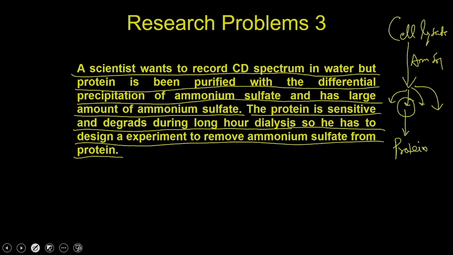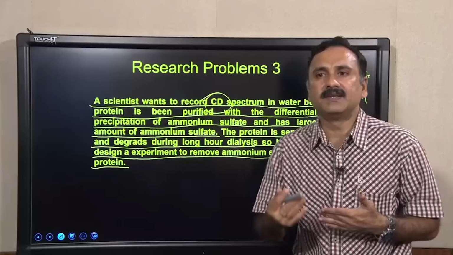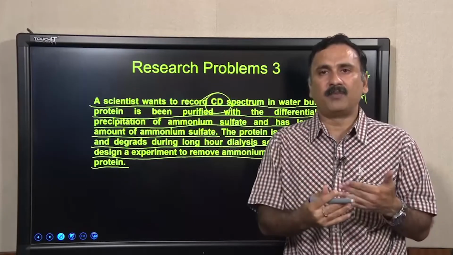But the issue is that for this protein he wants to collect a circular dichroism spectrum, but this protein contains a large quantity of ammonium sulphate. If the protein contains a large quantity of ammonium sulphate, it is going to interfere with the further analysis and getting the proper CD spectrum.